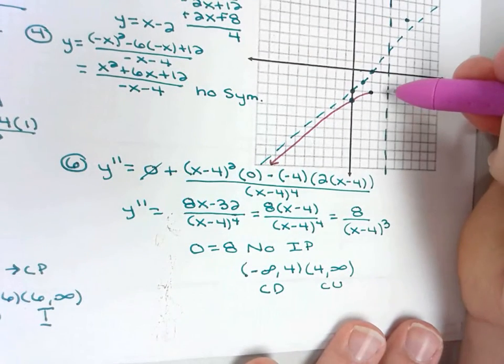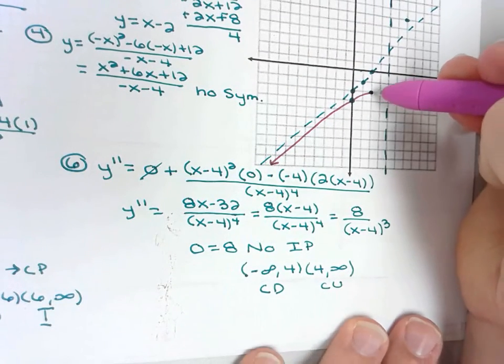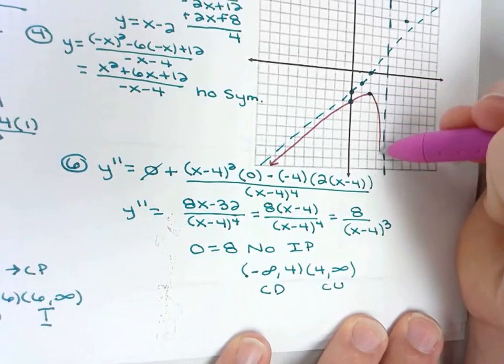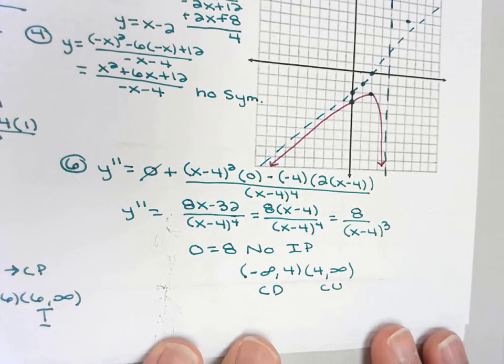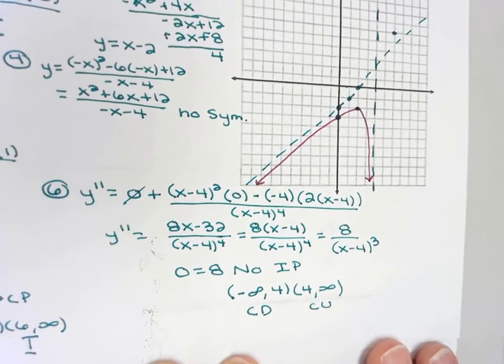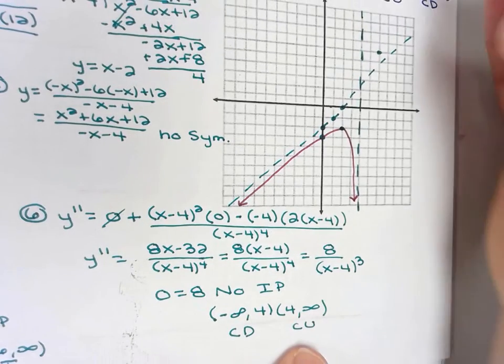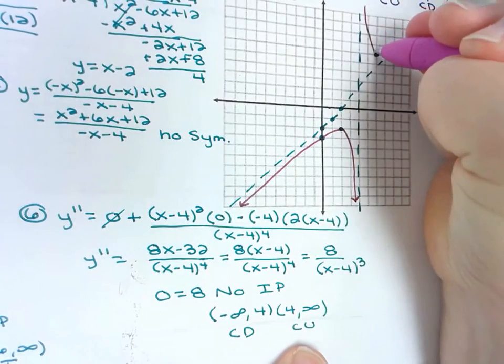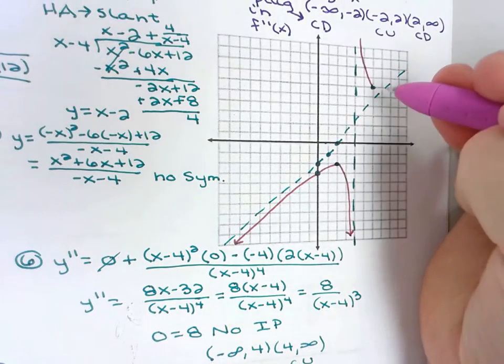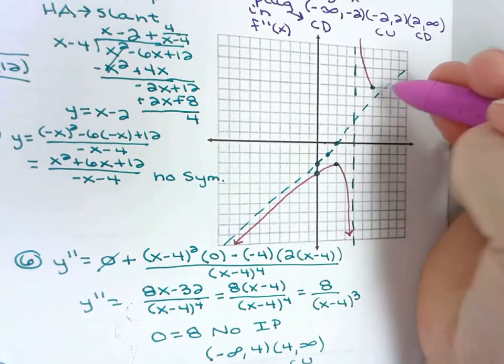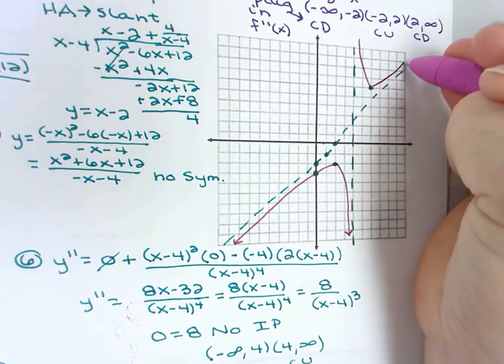From 2 to 4, I am decreasing, but I'm still concaving down, so I still have the frowny face, which kind of makes sense with the asymptotes, because you approach the asymptote. And then from 4 to 6, I am decreasing and concave up. Decreasing, I have the happy smiley face, because it took us 25 minutes to do this. And then I'm still concaving up, and I'm increasing from 6 to infinity, so something like that.